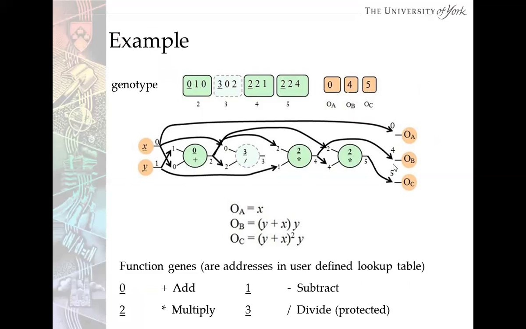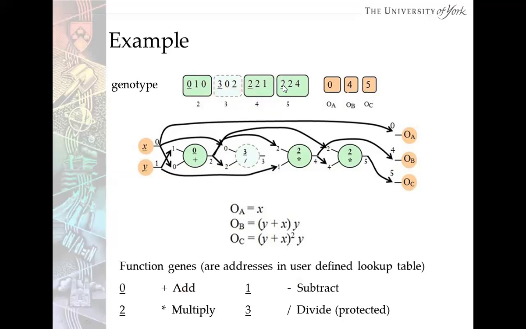The addresses of the inputs are 0 and 1. And the addresses of the nodes are 2, 3, 4, and 5. The node functions are add, subtract, multiply, or divide, protected division, that is. And in the genotype, I've just underlined those. So underlined genes represent a function gene.